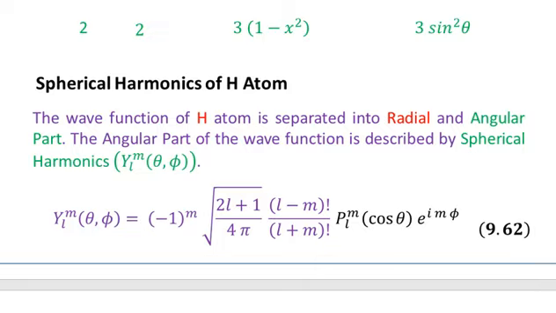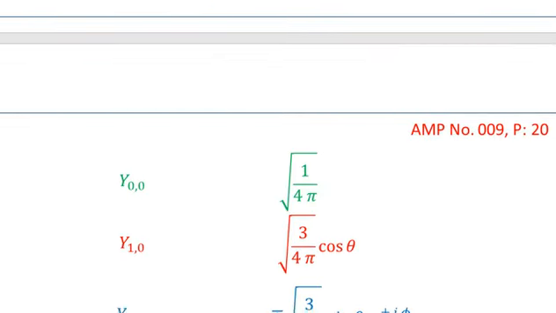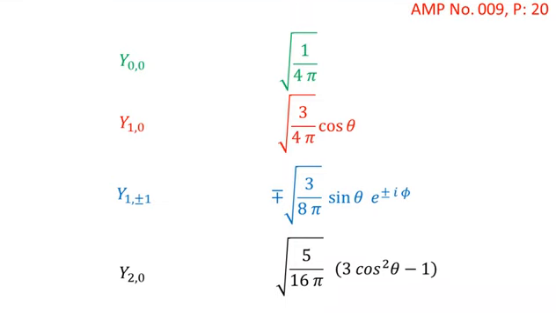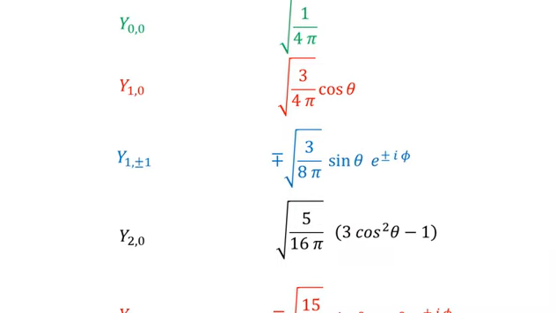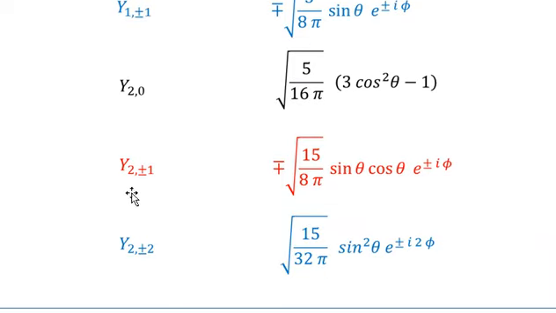Now I am going to give you some values for these spherical harmonics. These are listed over here. Only selected values are given. For Y00, the value is given over here. Similarly for Y10, and for Y1 plus minus 1. So you know that when L is equal to 1, the m values will be 0 and plus minus 1, so all values are given. When L is equal to 2, the values of m will be 0, and the other values will be Y2 plus minus 1 and plus minus 2.